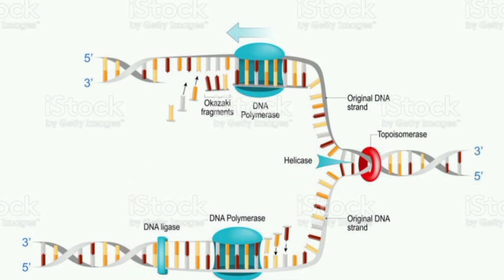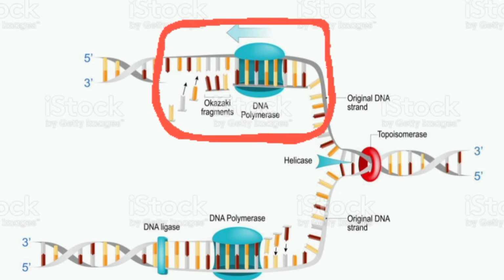Unlike the leading strand, the original second strand of DNA, which starts from 5 to 3, has a structural problem because DNA polymerase can only build from 5 to 3, and the new strand must start from 3 to 5.